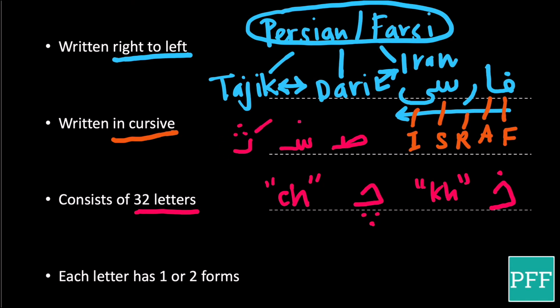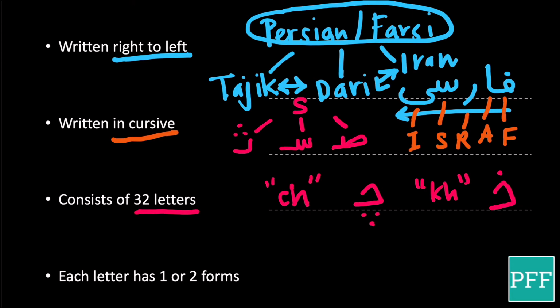And all three of these are more or less something similar to an English S. And you can think of this as something like how S and C in English sometimes make the same sound and are more or less interchangeable. It's a similar idea here, which contributes to these extra letters in Persian.